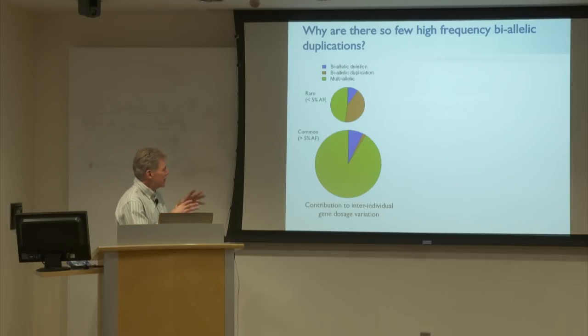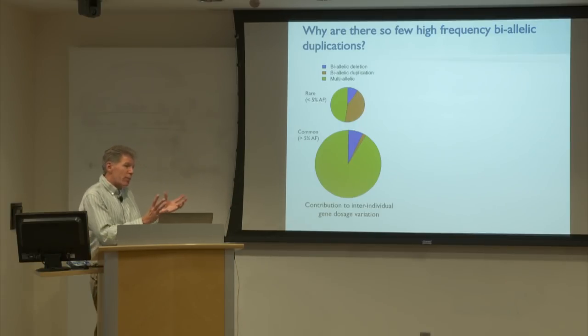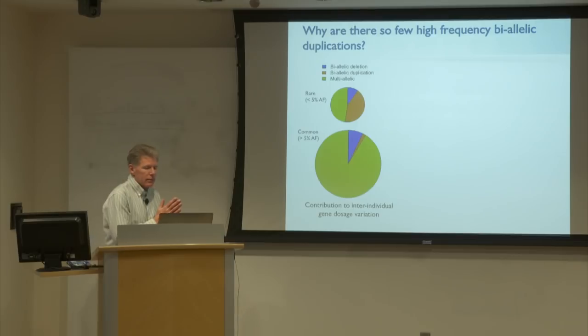And it turns out that this effect, where the multi-allelic CNVs are contributing all this gene dosage variation, is pretty much driven by this circle on the bottom, which is the common variation, right? The rare variants, which are contributing some of the gene dosage differences, are more balanced between duplications and multi-allelic CNVs.